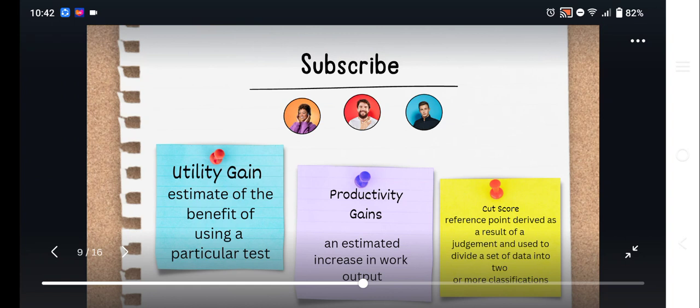A reference point, or cut score, is used to divide a set of data into two or more classifications.